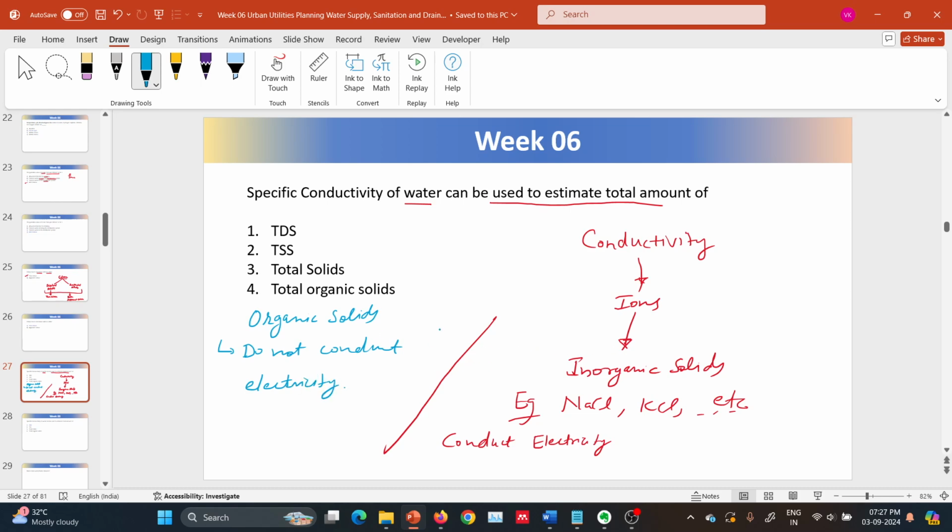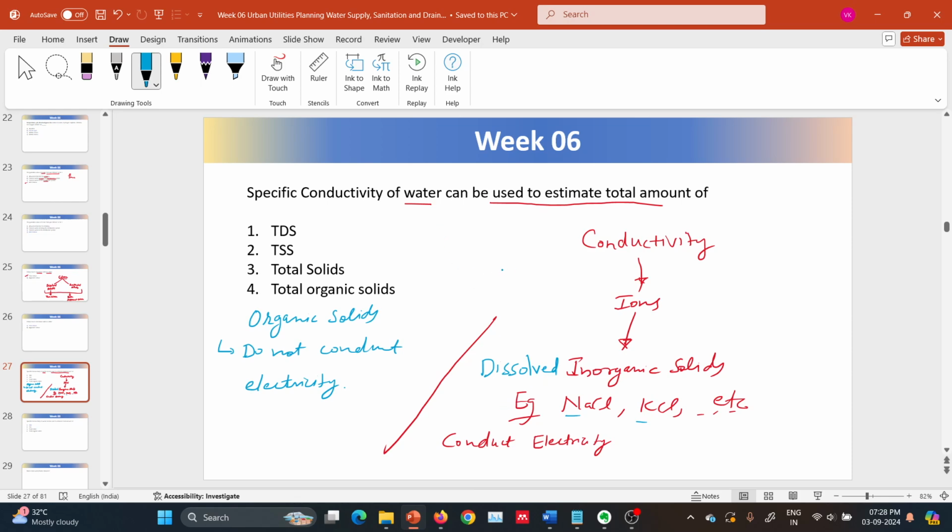And here we are talking about dissolved inorganic solids. So dissolved inorganic solids like NaCl, KCl, and other salts will conduct electricity.